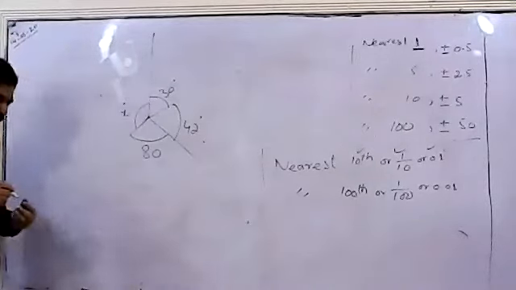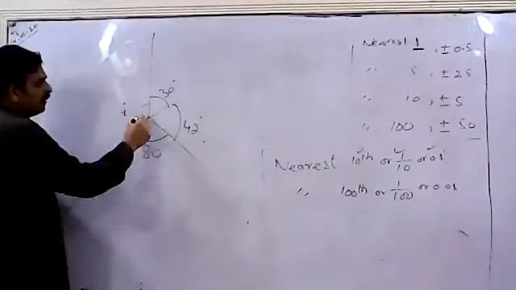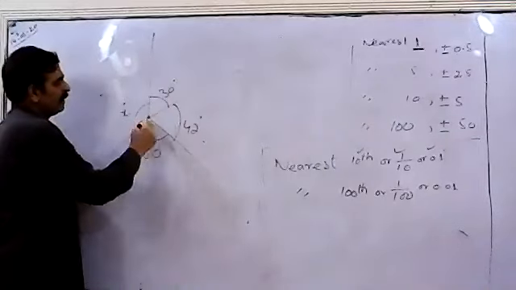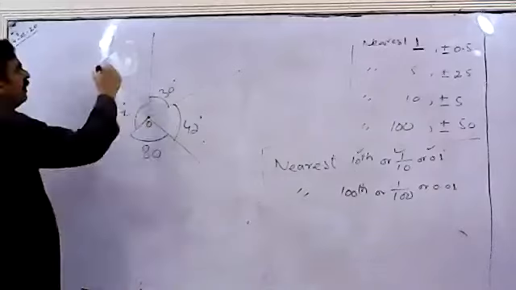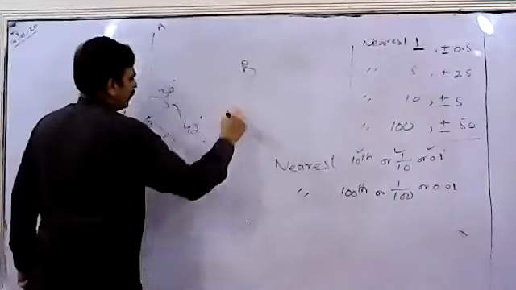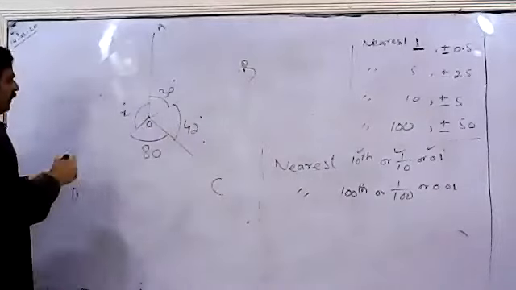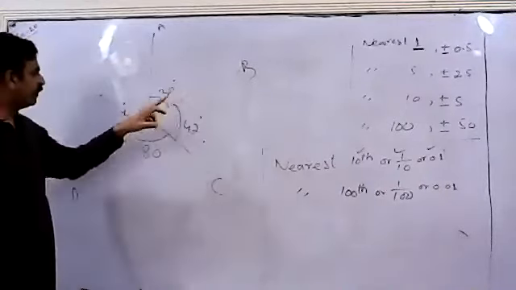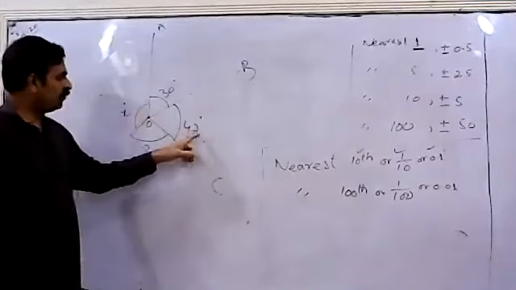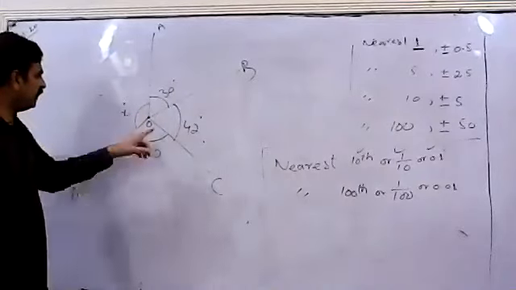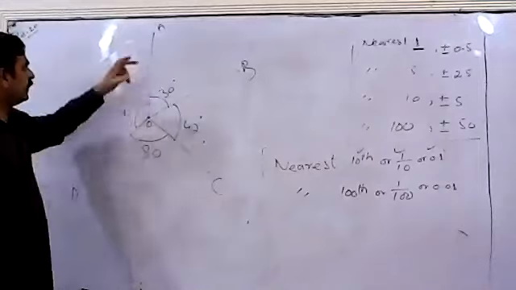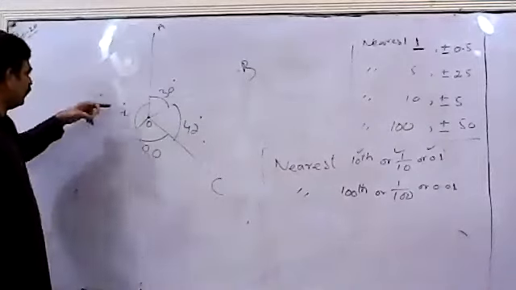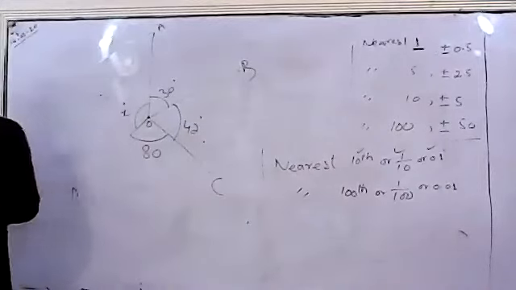Students, I have marked this point. Suppose this point is O. The first angle I have marked: angle AOB is 30 degree, angle BOC 42 degree, angle COD 80 degree, angle AOD equal X degree.